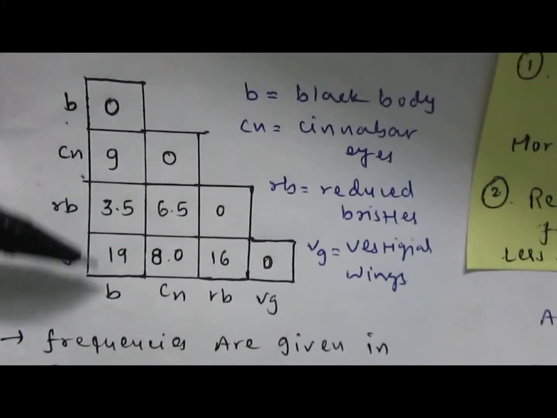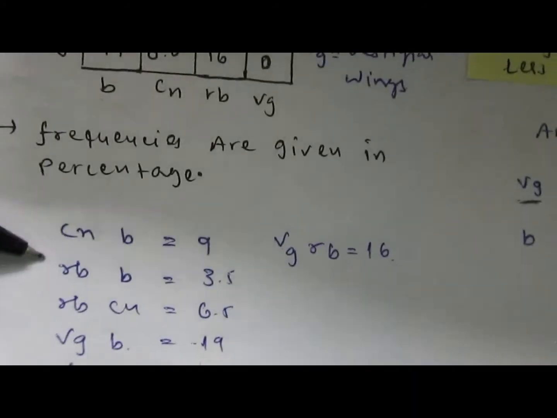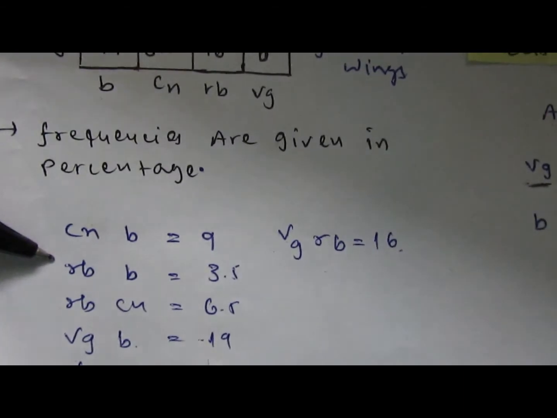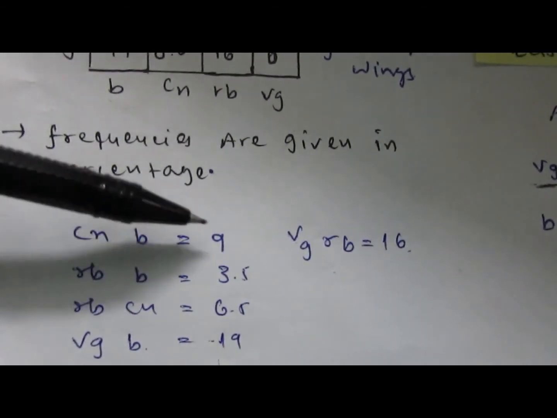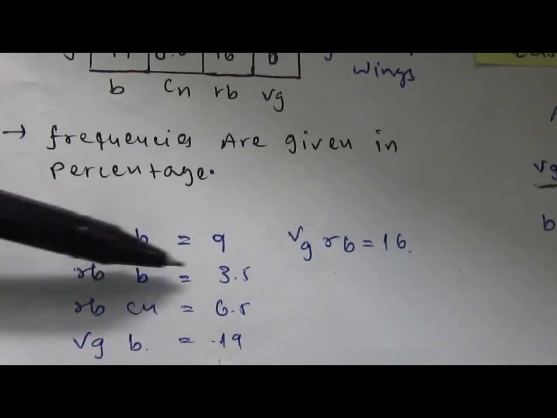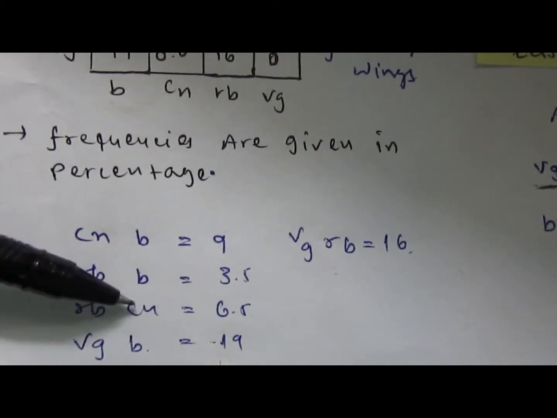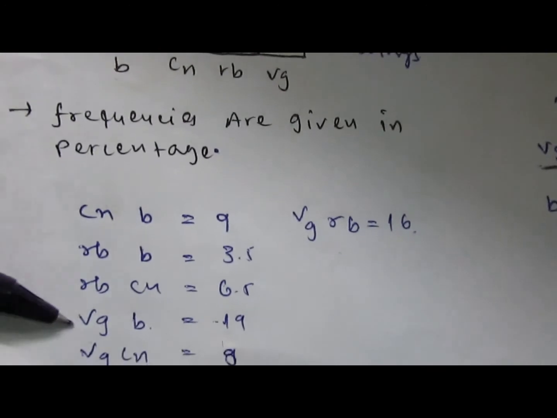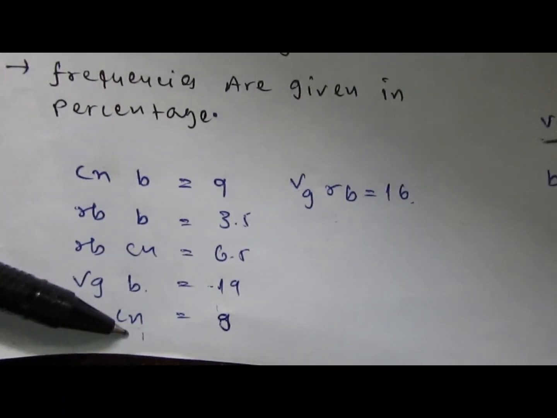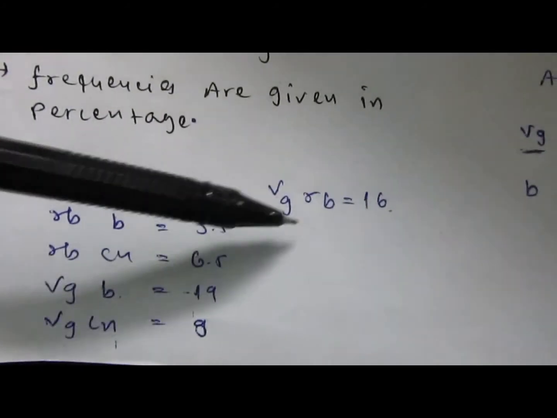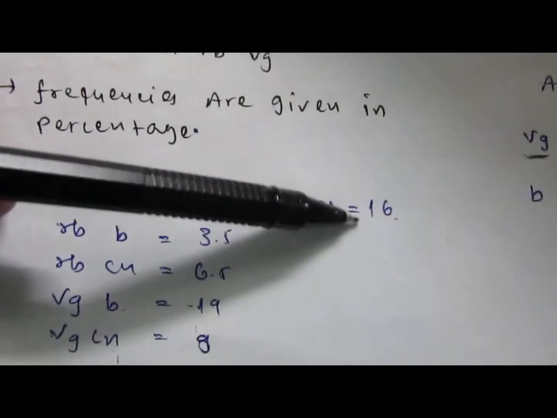So I collect the recombination frequencies between 2 different genes. Between Cn and B gene is 9, Rb and B gene is 3.5, Rb and Cn is 6.5, Vg and B is 19, Vg and Cn frequency is 8, Vg and Rb frequency is 16.